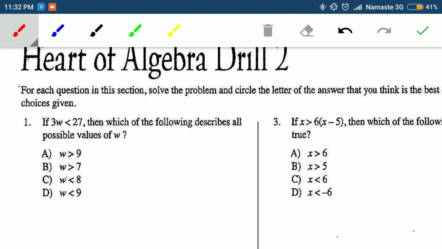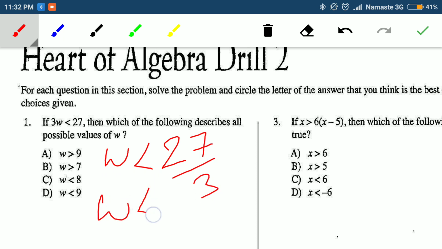We divide on both sides by 3, so w is less than 27 by 3, which means w is less than 9. Option A describes w is greater than 7. Option D describes w is less than 9.